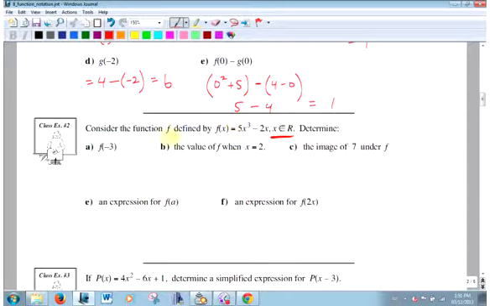All right? Consider this function, f of x. There it is. Okay, what is f of minus 3? I don't know. Let's find out. Input minus 3 wherever they have an x. This is 5x cubed. So 5 times minus 3 cubed minus 2 times, now I just got to put it in two different spots, okay?